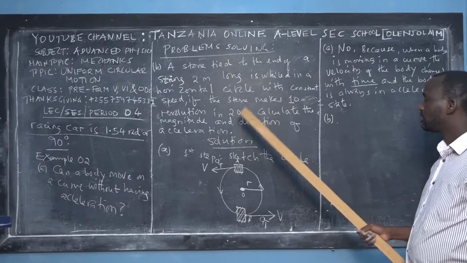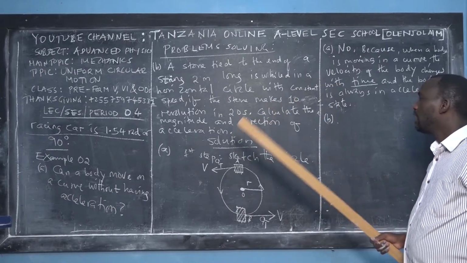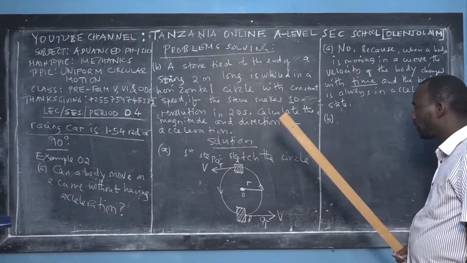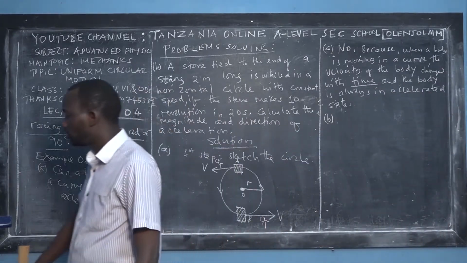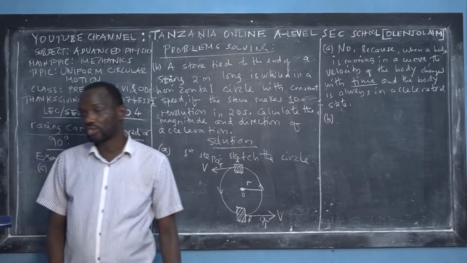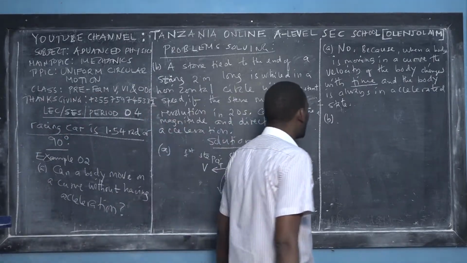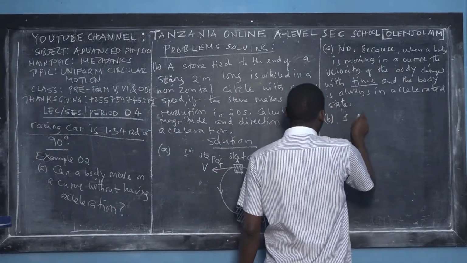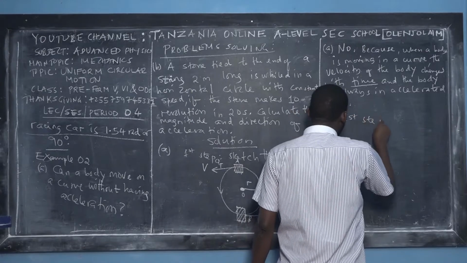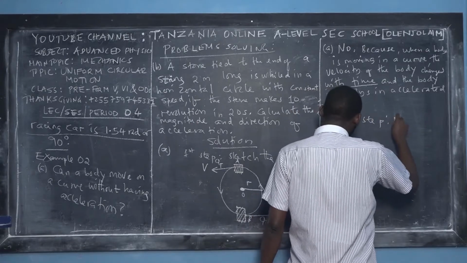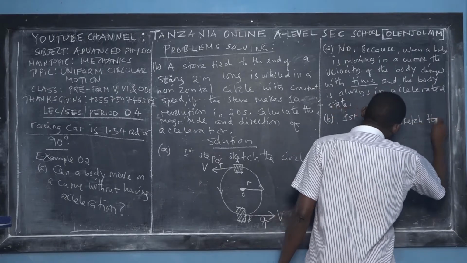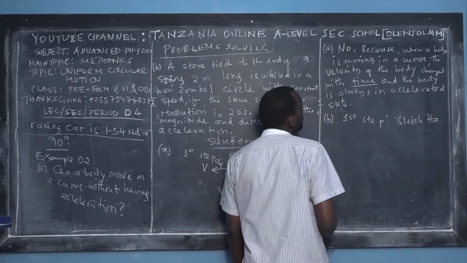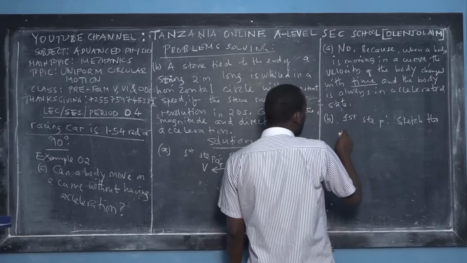If the stone makes 10 revolutions in 20 seconds, calculate the magnitude and direction of the acceleration that maintains the stone in a circular path. For this question, first sketch the problem, or sketch the horizontal circle.